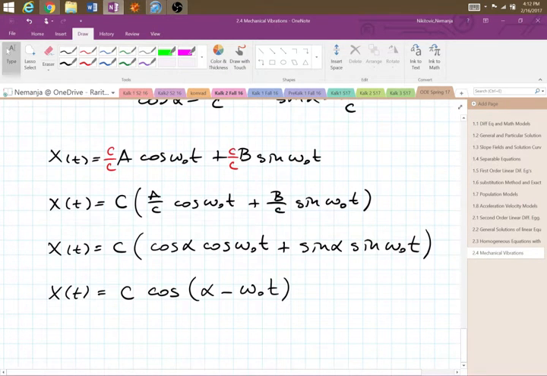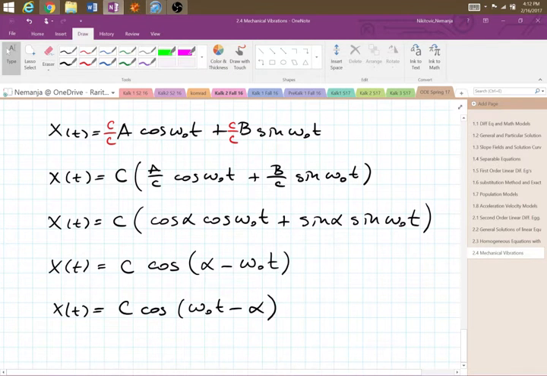But then we are going to swap the order of these two, and that's going to give us a minus, but the cosine is an even function, and then that minus just dies. So we can just write C times cosine of omega 0 t minus alpha.